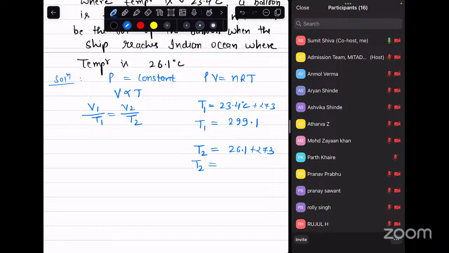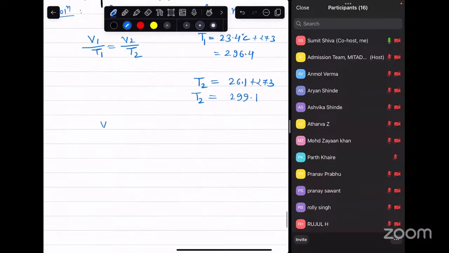This will be how much? T1 will be 296.4 and T2 will be 299.1. Now we can apply.